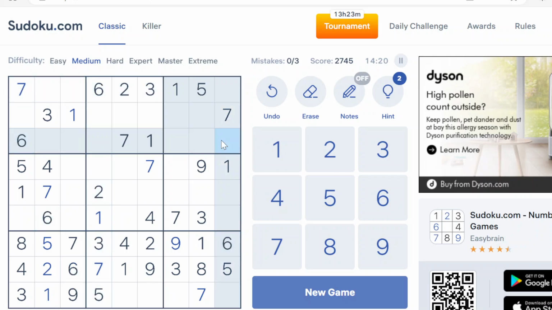Oh wait, okay, this is a 3. And I noticed because the game just now placed a 3 over here. So this row can't have 3, but there's a 3 in this column, there's a 3 in this column. So that leaves out just this one box in the bottom right corner of this 3x3 box.